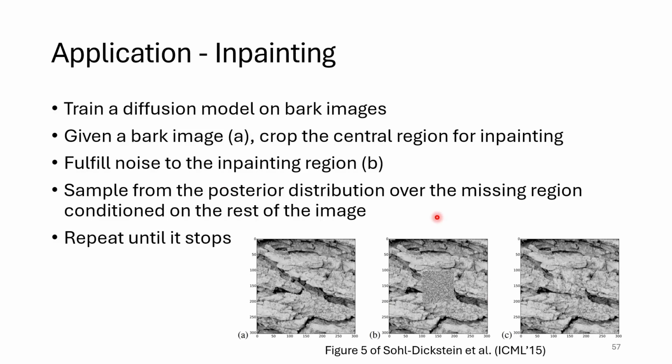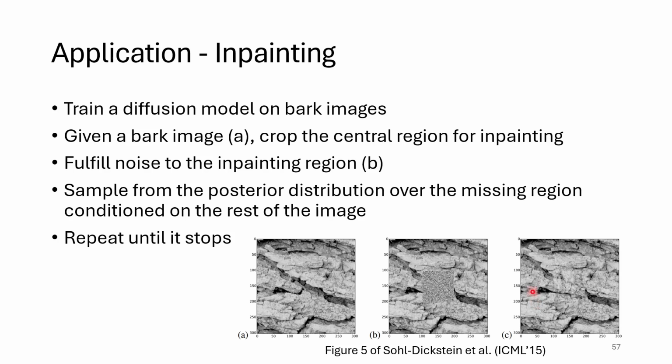In the 2015 paper, they showed some applications. For example, in inpainting, they model how this image, a trunk, becomes a random signal, then they crop out the central region like this one and use the reverse signal.